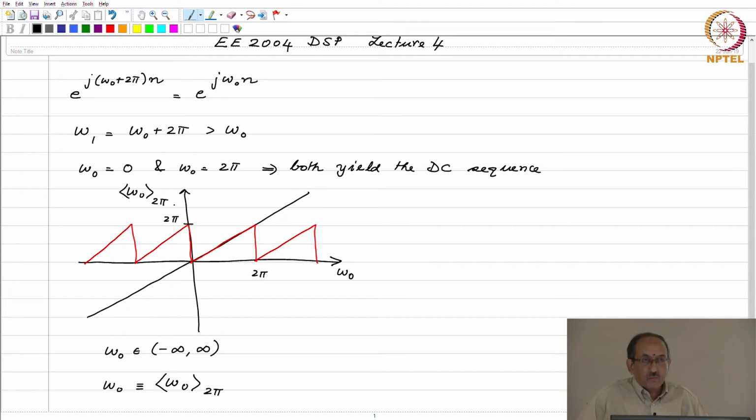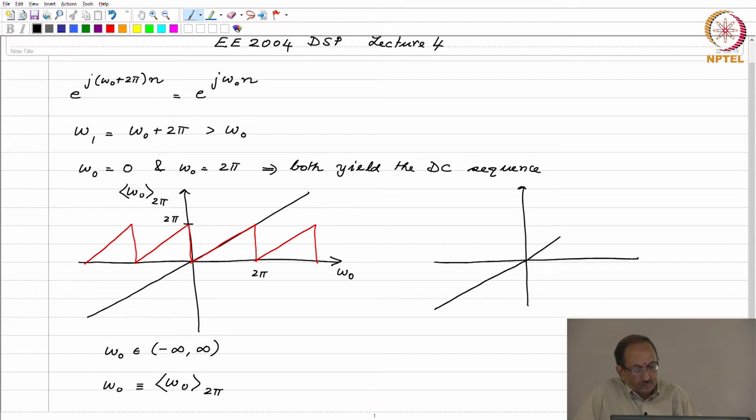The other way of looking at this is, rather than restricting it from 0 to 2 pi, you can go between minus pi and pi. So the other graph that shows this is this. This point is pi, this value is also pi, this value is minus pi.